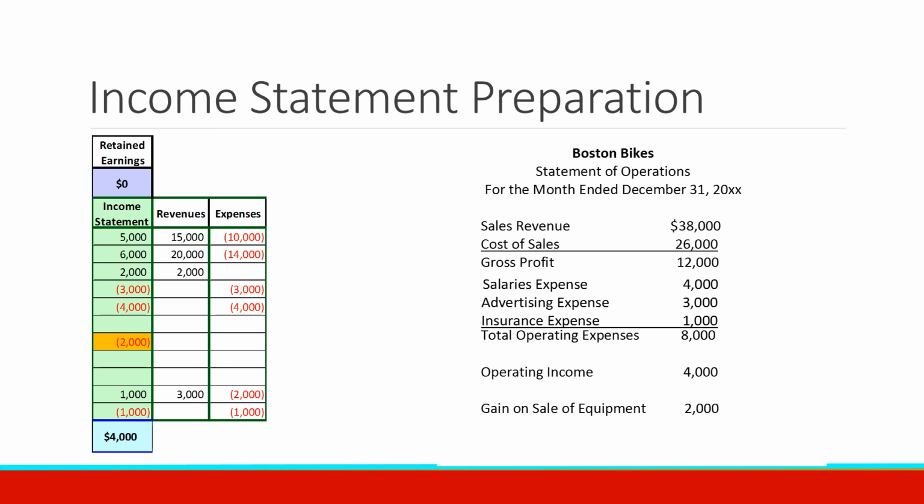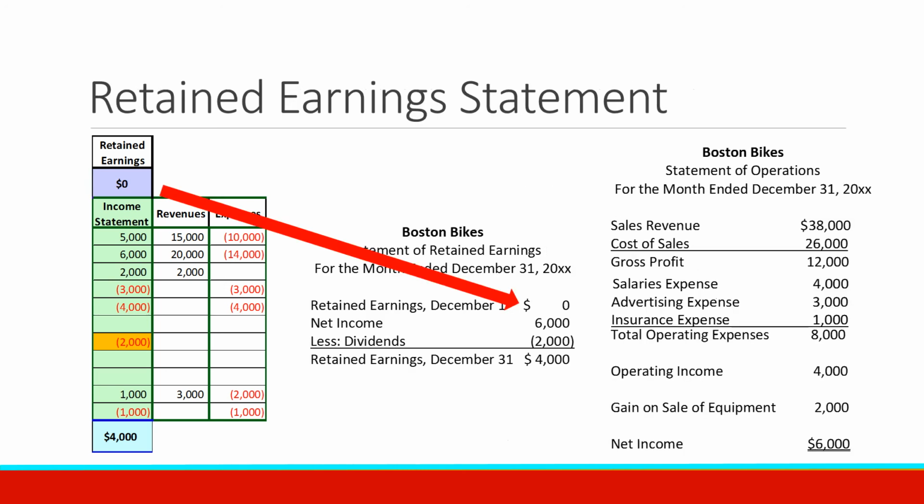So we're going to put the gain on sale of equipment further down below operating income. Now we're ready to compute the grand total, which is net income of $6,000, which is the operating income of $4,000 plus the gain on sale of equipment of $2,000. So this is the first part of the closing process, which is to compute net income.